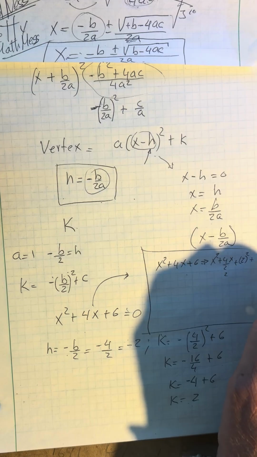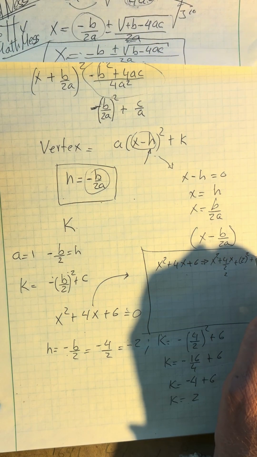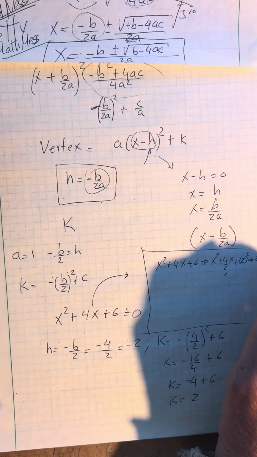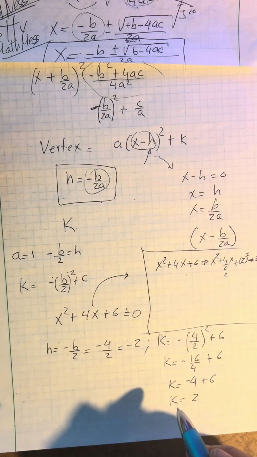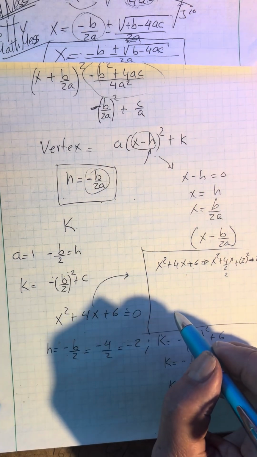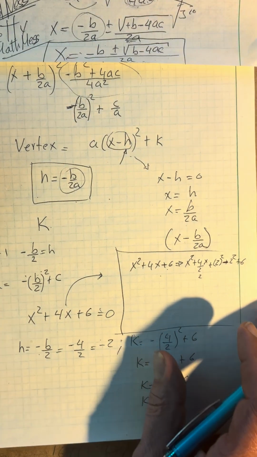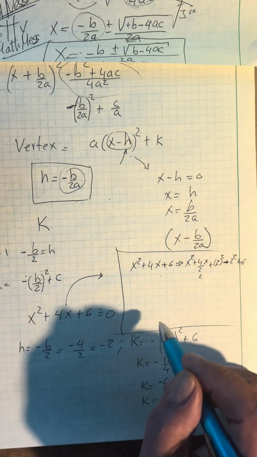So we add 2 squared, we subtract 2 squared, and we add 6. So I hope that you can see that.